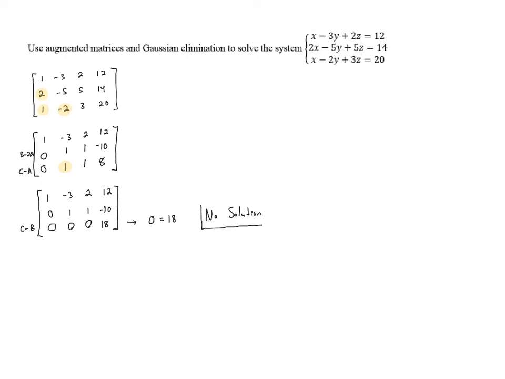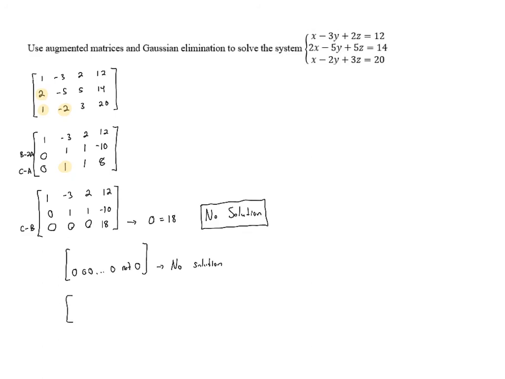If we ever end up with a row that is full of zeros, and then the very last number is not 0, that means that there's going to be no solution, because that is a false equation.